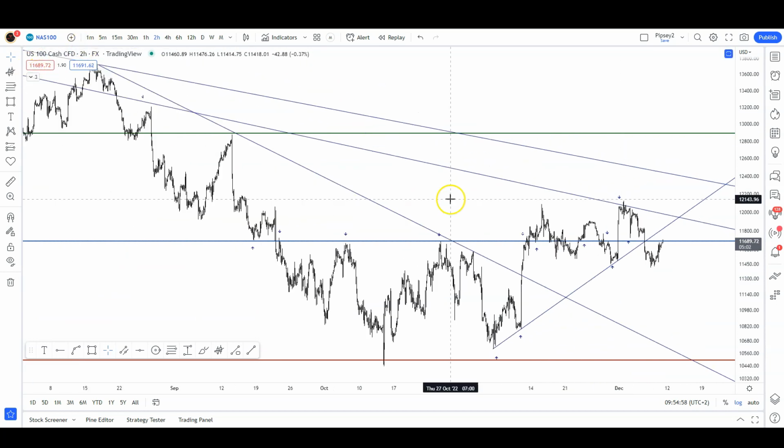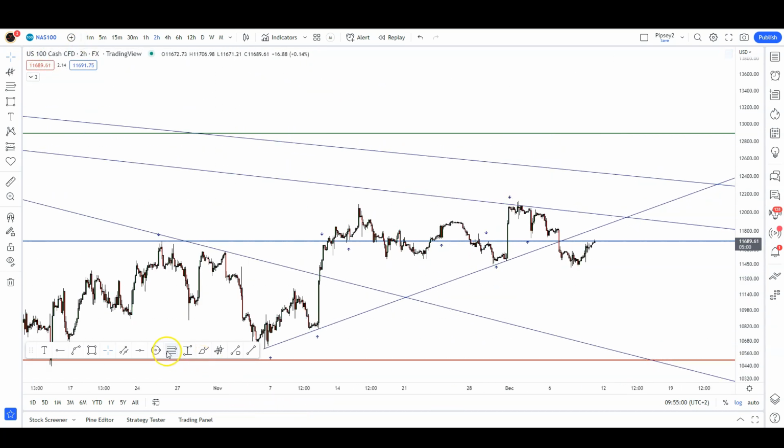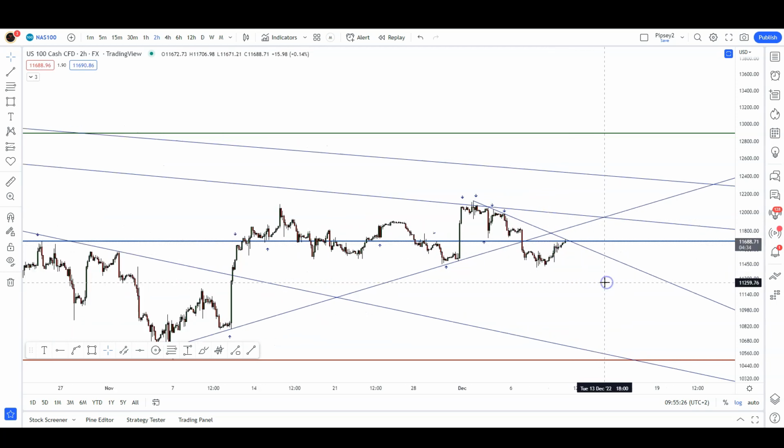And then we look at this resistance level at the top here: resistance, resistance, resistance, that could potentially form resistance here, alright?